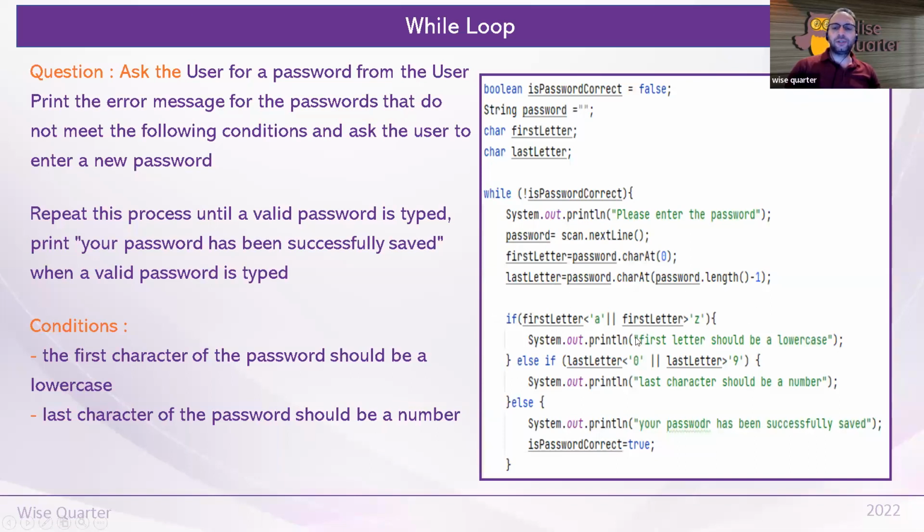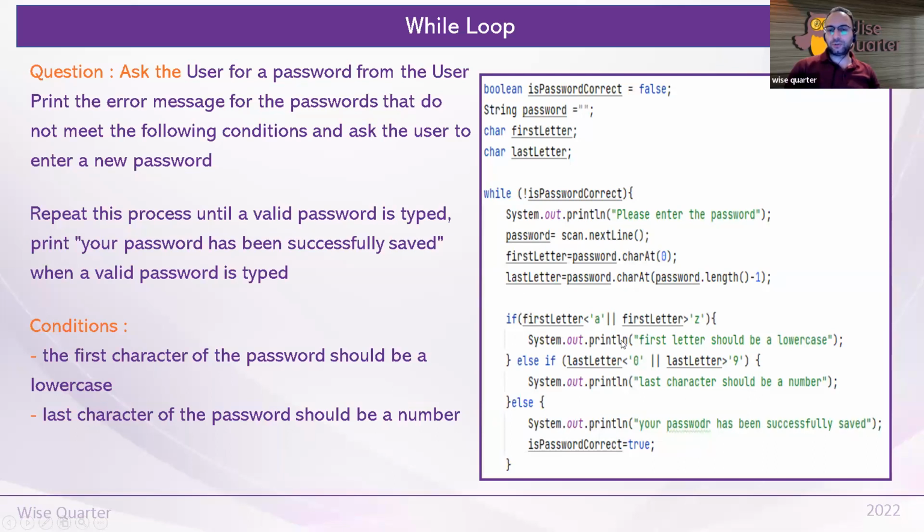But if this is false, even though the last character is not a number, it won't print this error message because at first it was false. If the first one is true, it won't check the others.